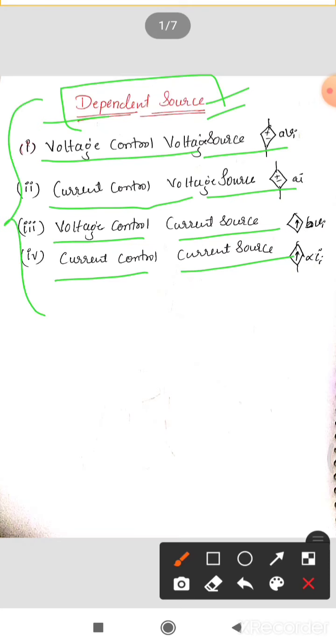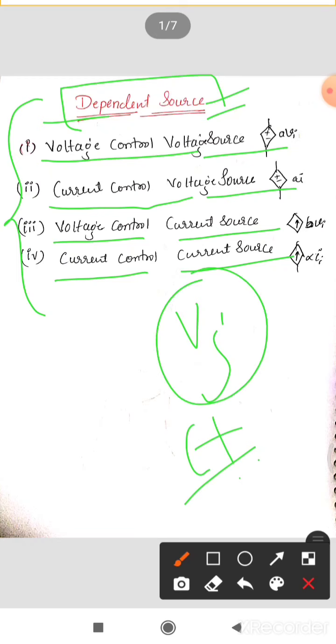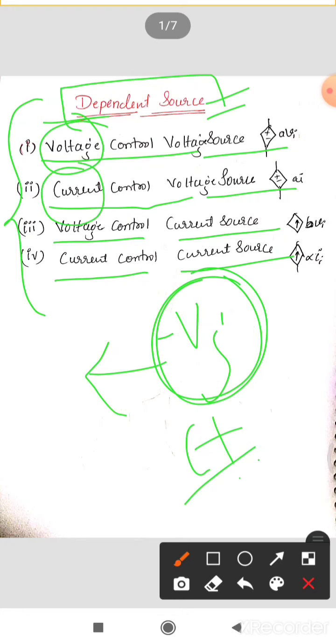If you observe these four, there are only two sources: one is a voltage source, another one is a current source. This voltage source is dependent on two things, one is voltage, another one is current.